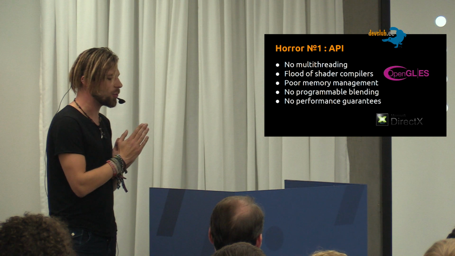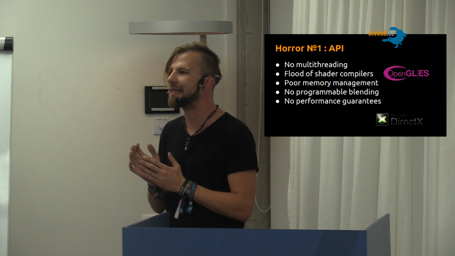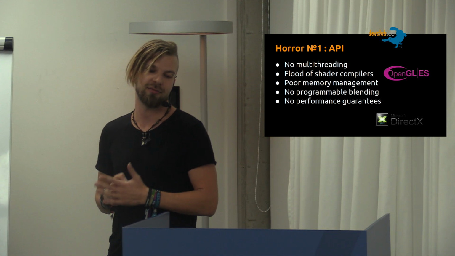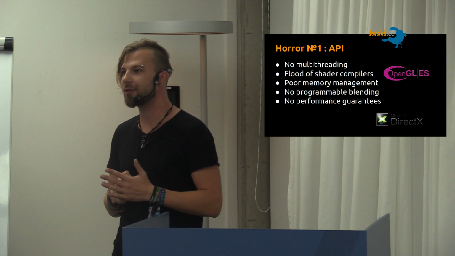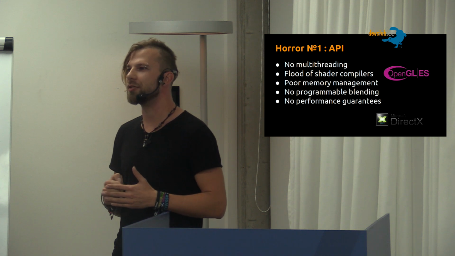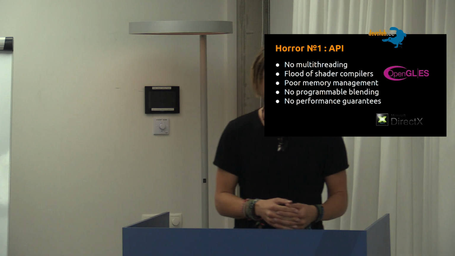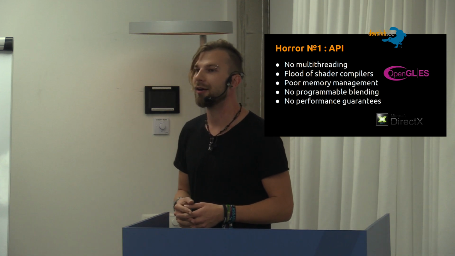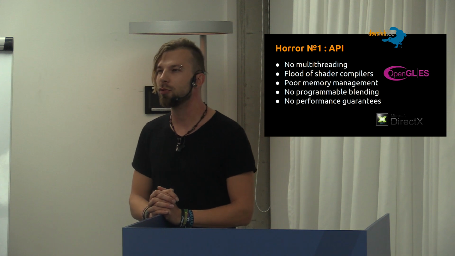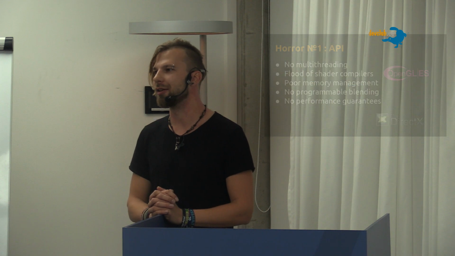Historically, we are using APIs which were developed somewhere in the 90s, OpenGL ES and DirectX, and the API was never designed to meet the hardware features of modern GPUs. For example, multi-threading is not possible. In the 90s, multi-core CPUs were not popular and basically not in home PCs.